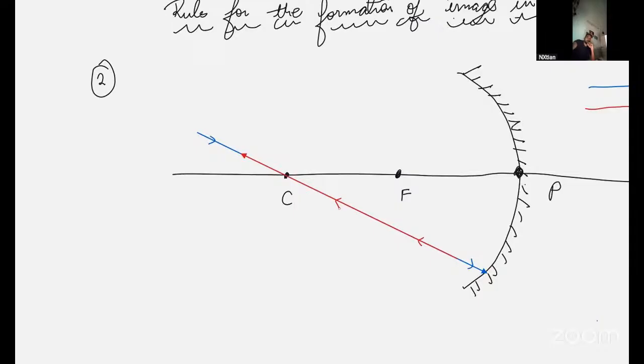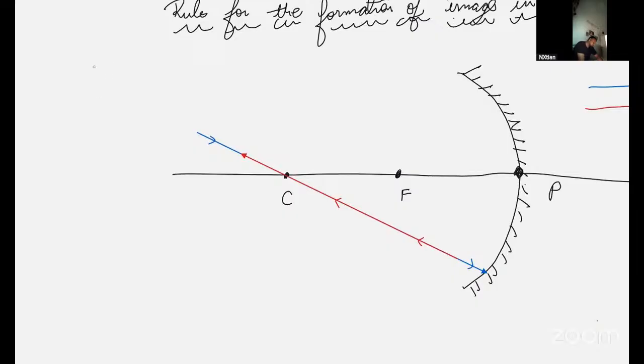Yes, Abraham, any doubt, beta? No, sir, I don't think so. Now the third law, write it down.